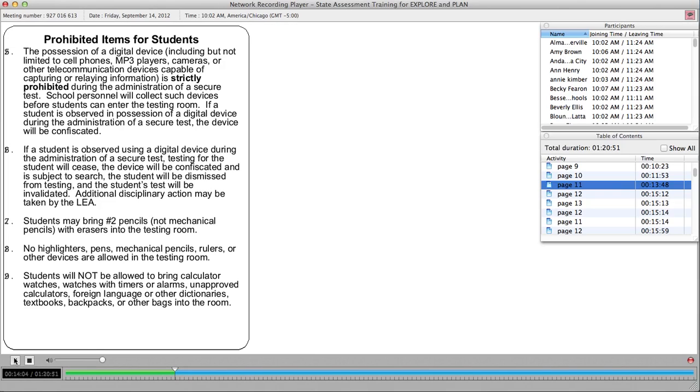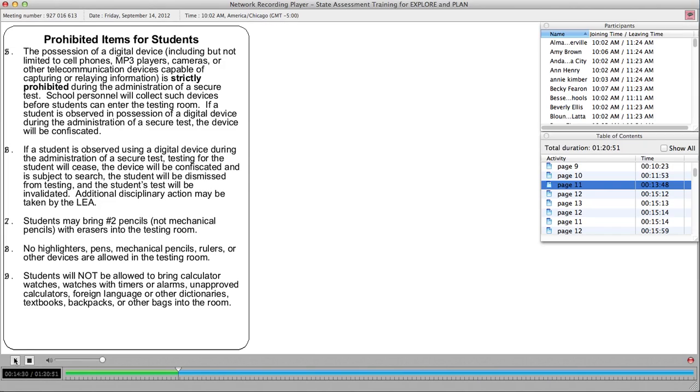The possession of a digital device, including but not limited to cell phones, MP3 players, cameras, or other telecommunication devices capable of capturing or relaying information, is strictly prohibited during the administration of a secure test. It tells what school personnel will need to do: collect such devices before students can enter the testing room.